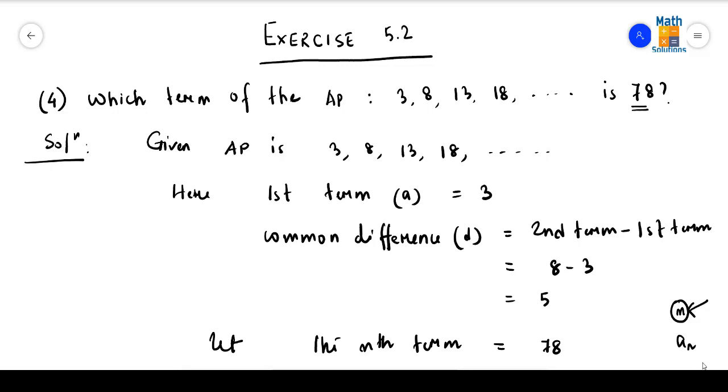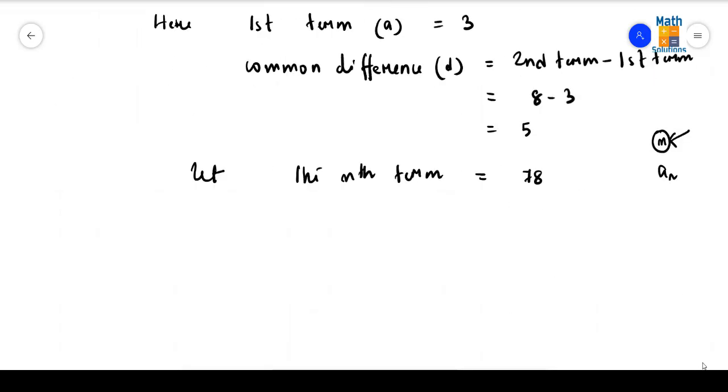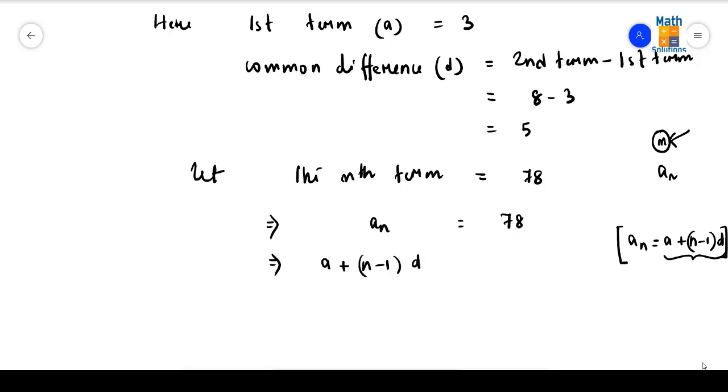So the nth term can be written as an is equal to 78, and the general formula for an is a plus (n minus 1) d. We have to use this formula, and I'm going to write this part in place of an in the next step. So a plus (n minus 1) d is equal to 78.